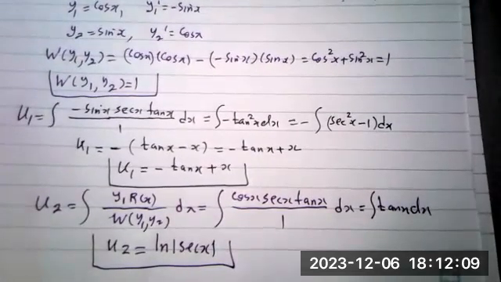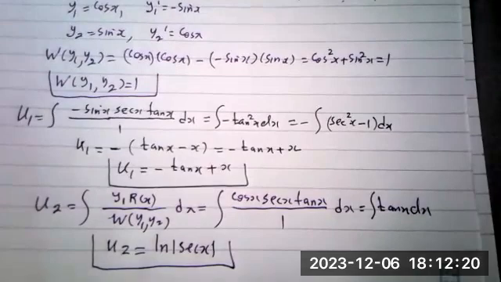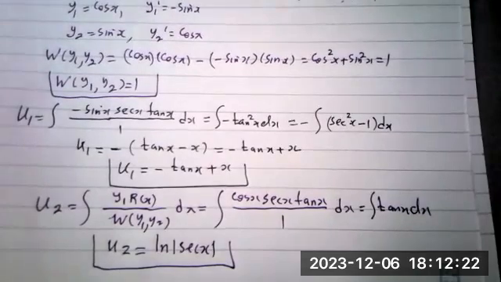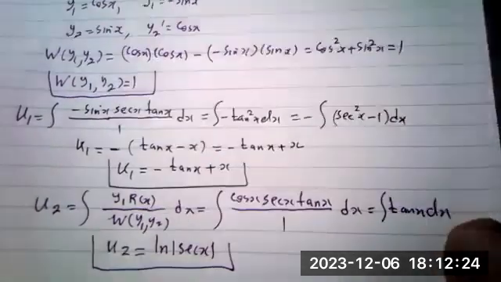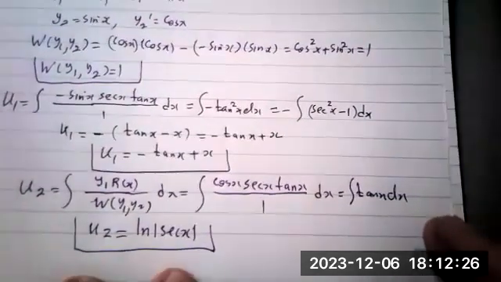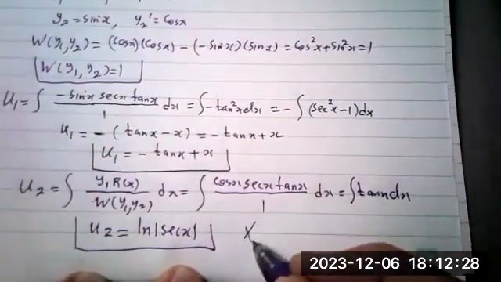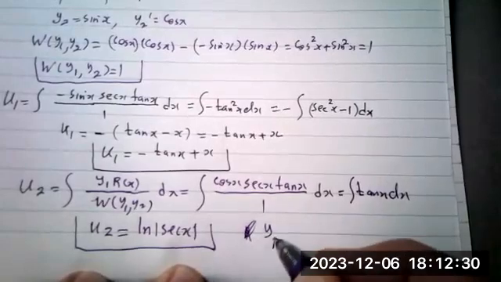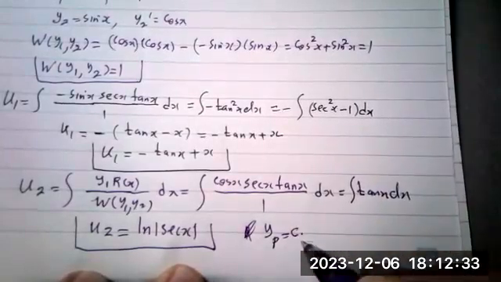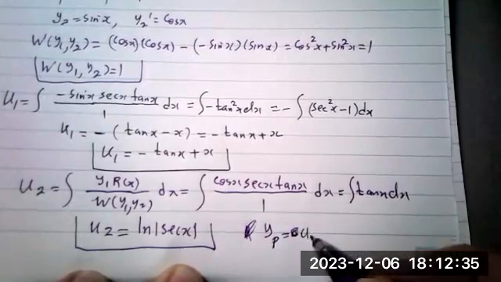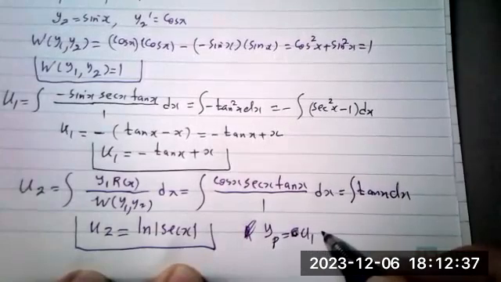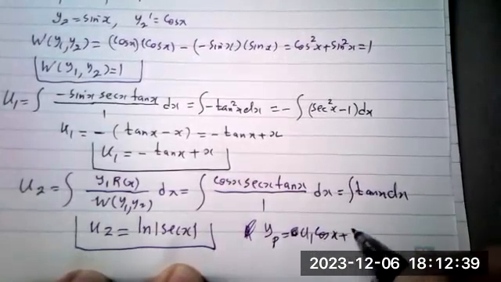Then you have to go back and substitute into the yp. Sorry, I said xp, it is yp because it's not a system. Okay, are you done? So I'm going to drop it here. yp is going to be u1 cosine plus u2 sine.